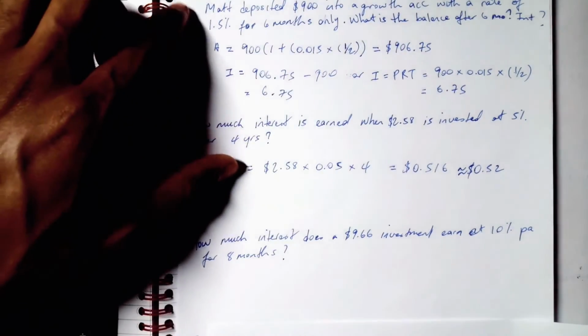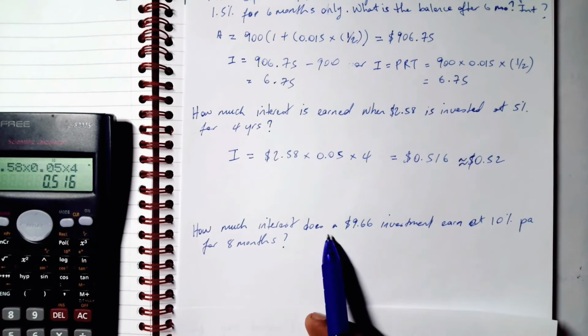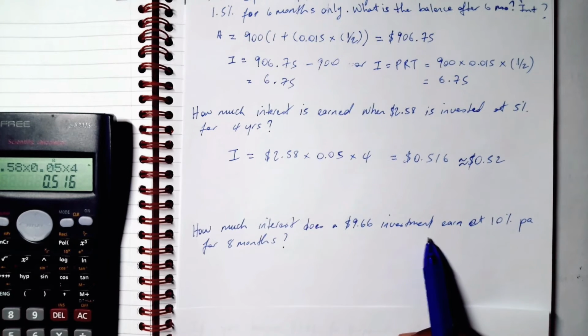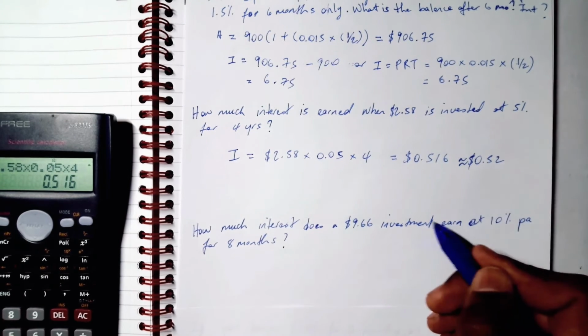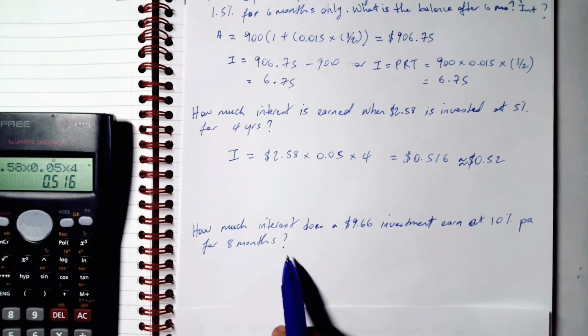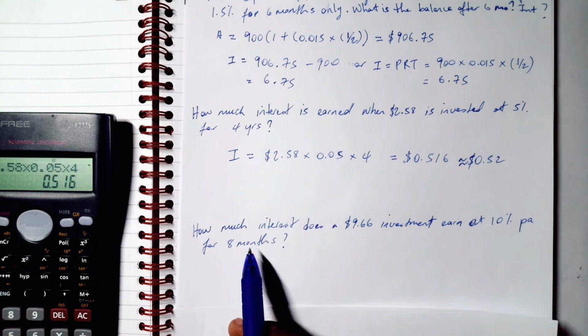If we continue along that route, how much interest does a $9.66 investment earn at 10% per annum for 8 months? We have 8 months here. We need to convert it to years immediately.